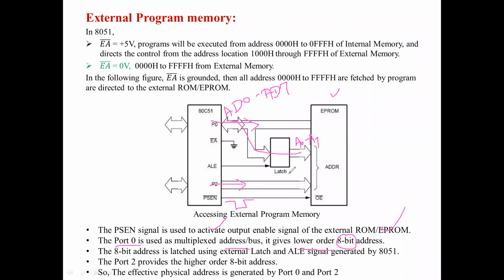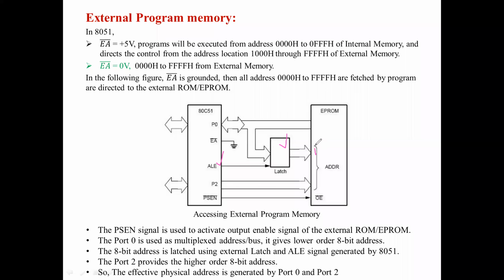So this is the latch. To enable this latch, we have to give the ALE signal, which is generated by the 8051. To obtain this address bus, the external latch and the ALE pin have to be placed and given the appropriate signal.